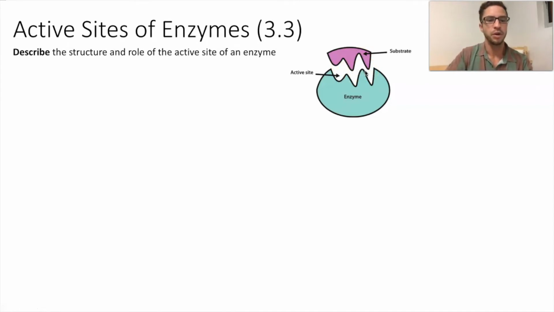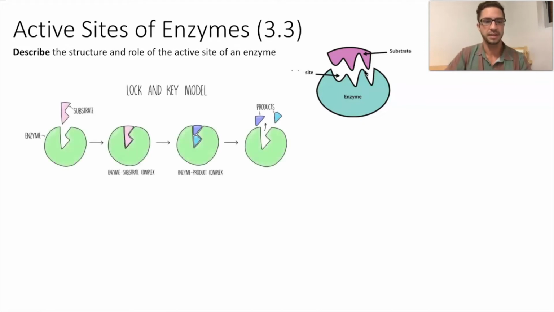There are two prominent models describing how substrates can actually bind to enzymes. There is the lock and key hypothesis, and there's the more recent induced fit model. So we're going to talk about those. The lock and key hypothesis essentially states that the active site specifically matches the shape of the substrate molecule, like a key going into a lock.